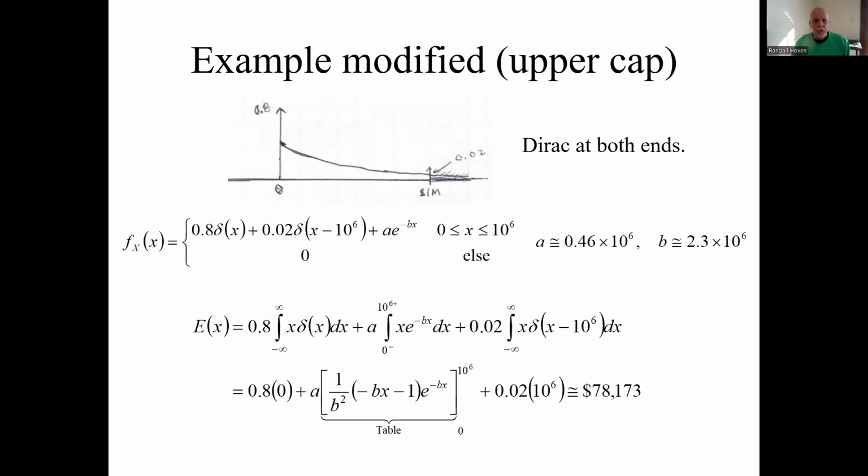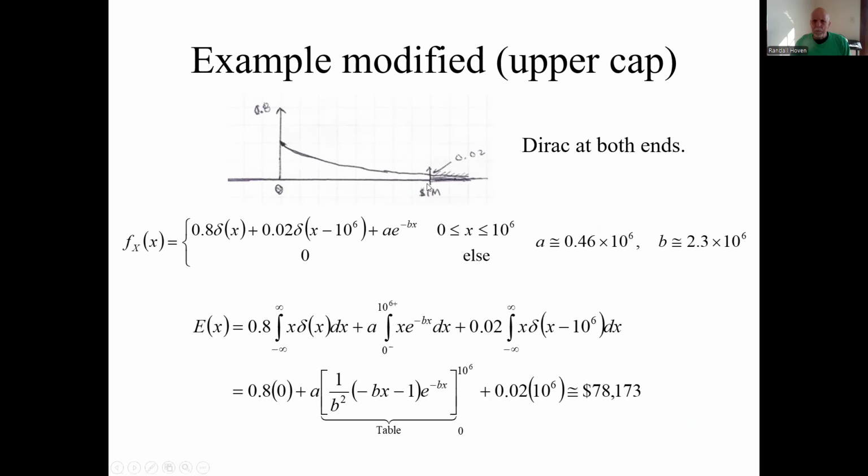Let's modify it just a little bit and say we'll put a cap on it. Like, even if the damages are over 1 million, we're only going to pay out 1 million. So we can accommodate that with another little Dirac Delta function on it. The probability at 0 of a 0 payout was 0.8.